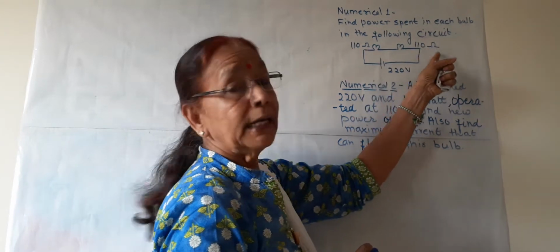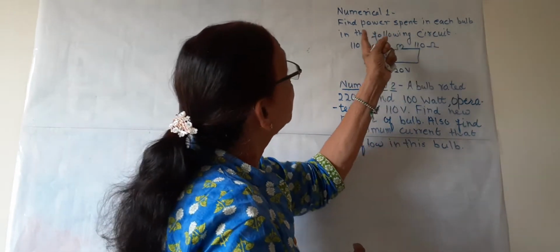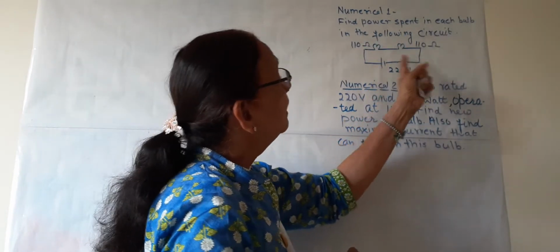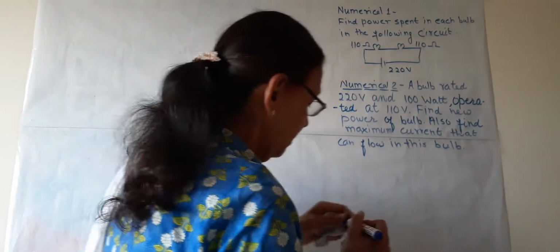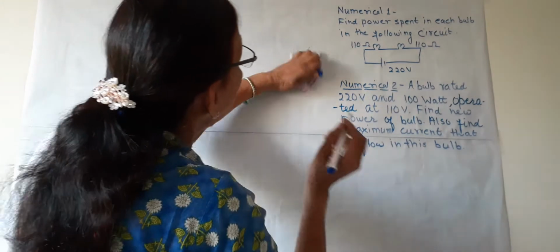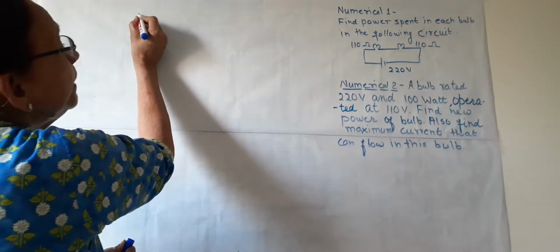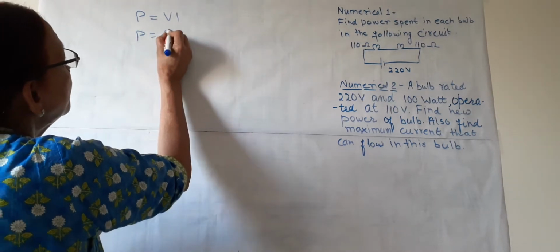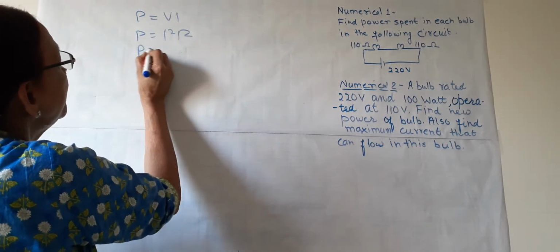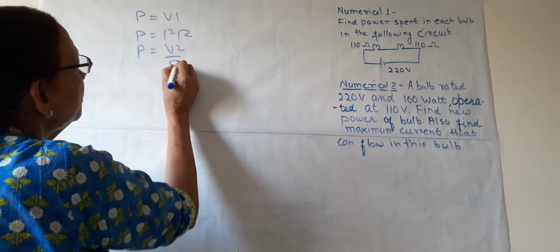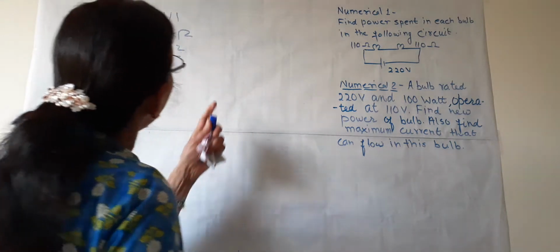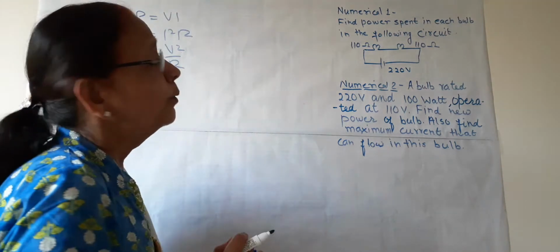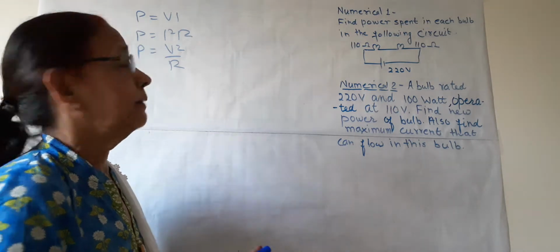We have to find the power in each. So now we have three formulas: P is equal to VI, or P is equal to I square R, or P is equal to V square upon R.